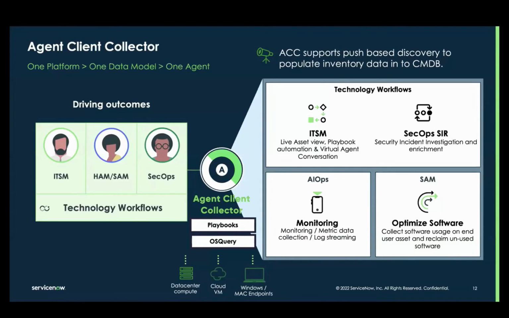Or for SecOps use cases, where you have security incident investigation that can be performed thanks to the agent client collector that is sending back the proper data. And so this is a very good view of how many use cases the agent client collector can help us with. But primarily, we're always starting from discovering, from collecting data from those endpoints, from those environments, really.